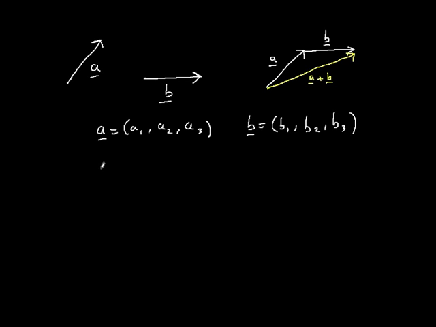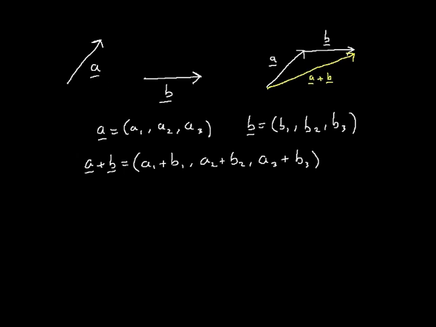It's very, very simple to add two vectors together. You just add the corresponding elements. So I have A1 plus B1 as the first value, A2 plus B2 as the second, and A3 plus B3 as the third. That's the definition of vector addition.